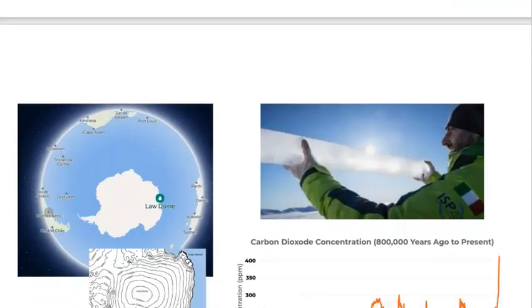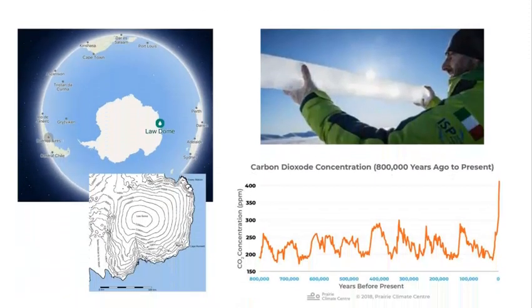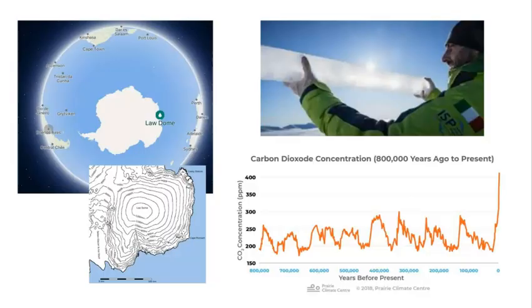Keeling's work is supported and also elaborated upon by studies which take place in our polar regions, and particularly with respect to the Antarctic region, as shown here. And most famously are the Law Dome ice cores.